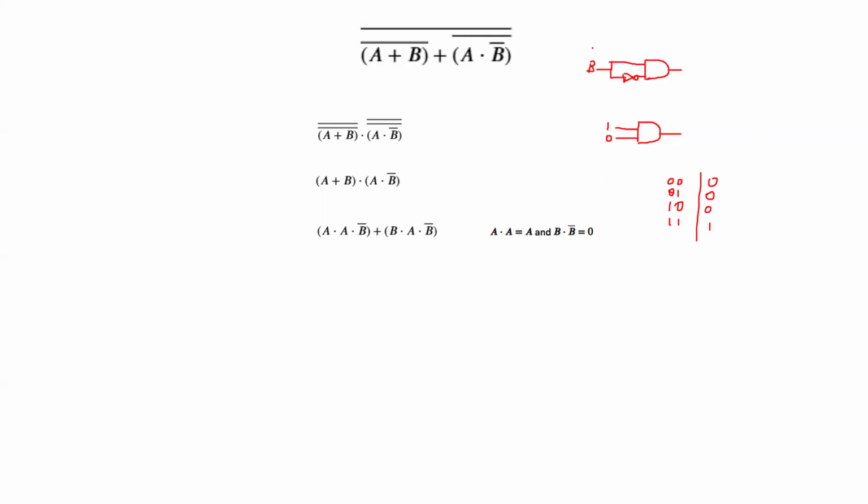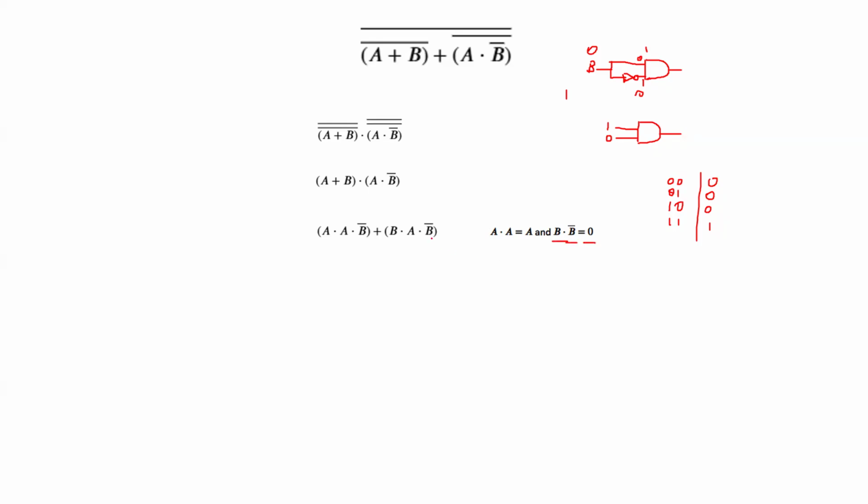So if you put 0 here, it's going to translate into 0 here, and it's going to translate into 1 here. If you put 1 here, it's going to translate into 0 here, and into 1 here. They're not going to be the same. It's always going to be 0, so that's why B and not B is going to give us 0.